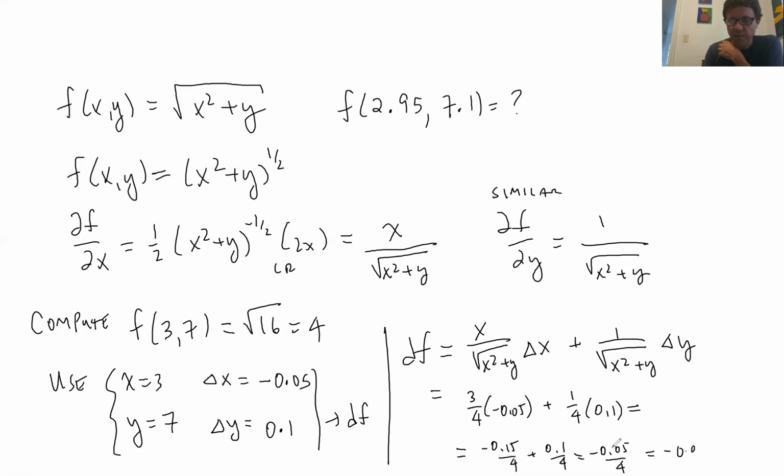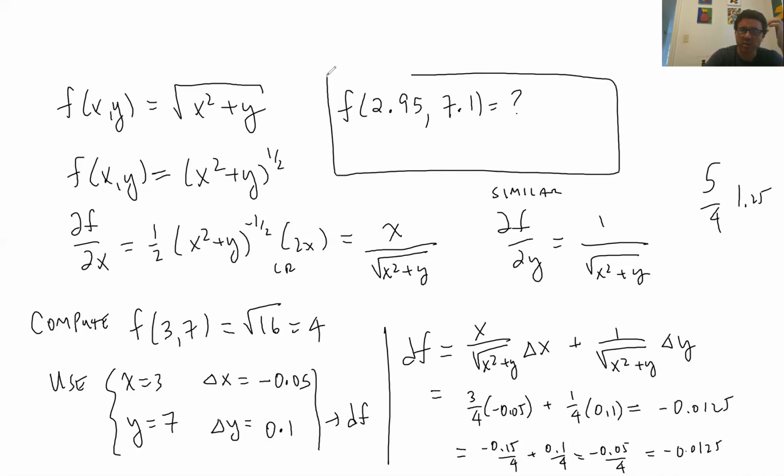No, that would be half of it. I'm not doing the calculation right here. I'm going to just use my calculator. No, I'm not going to use my calculator, that's dumb. So 5/4 is 1.25. Move the decimal place over twice, 0.0125, so negative 0.0125.